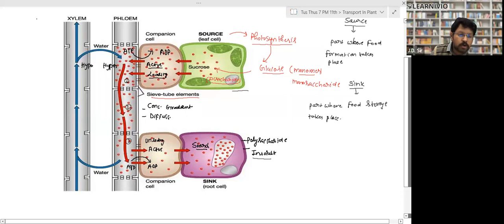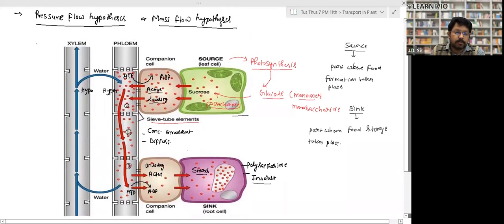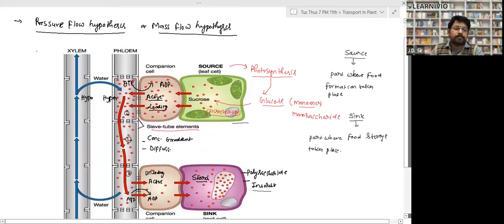So that's how water only plays the role of picking the sucrose from one point and dropping it at another point, and that's how the translocation of food takes place. This theory is called the mass flow hypothesis, or the pressure flow hypothesis.